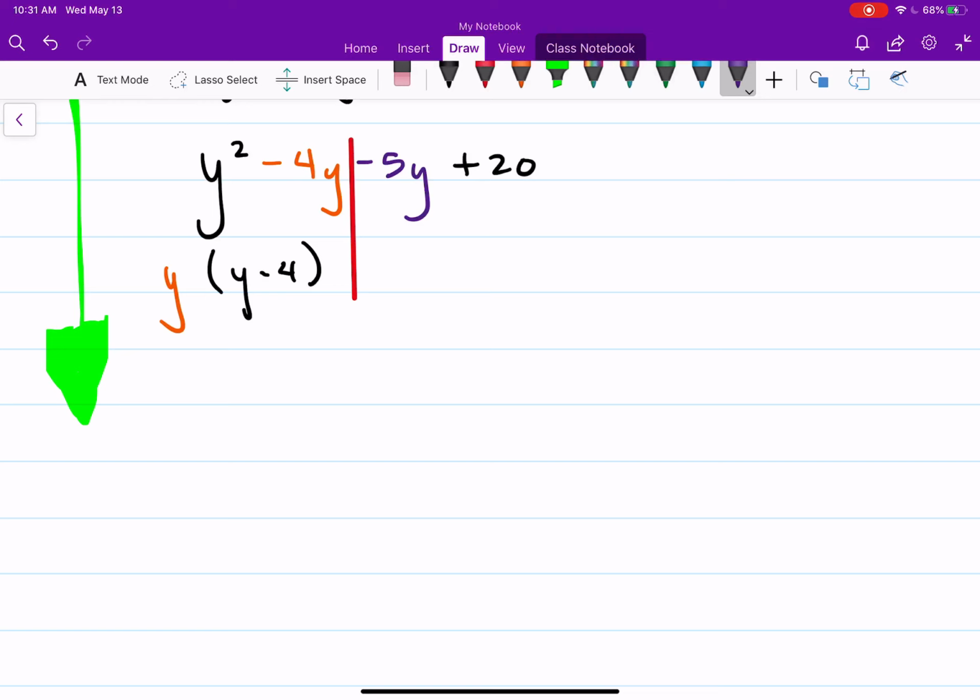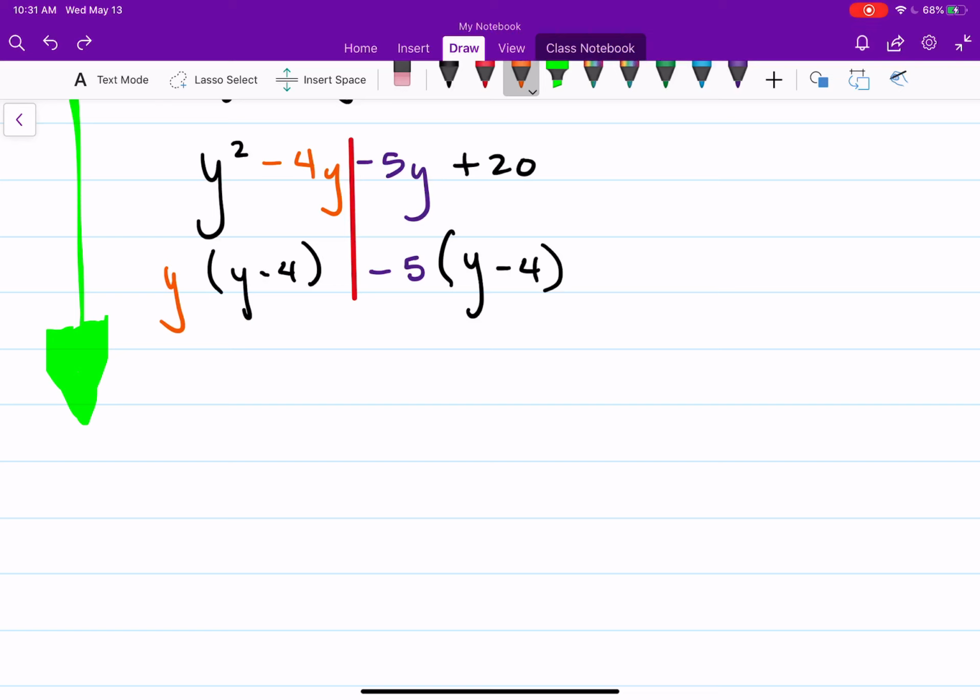I do a GCF on the second group. Since the third term is negative, I pull a negative, and 5 goes into 5 and 20. If I pull 5 out, I have a y minus 4 left. Now, this is the place where you might want to double check yourself. You might want to distribute this y back in to see if you get that. If you do, then you have the right factor.